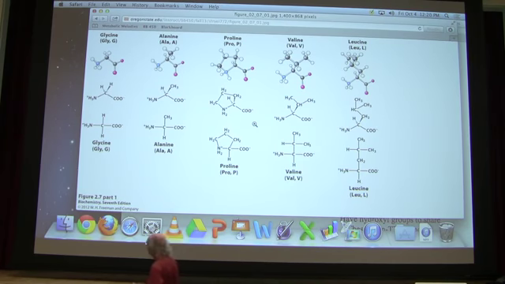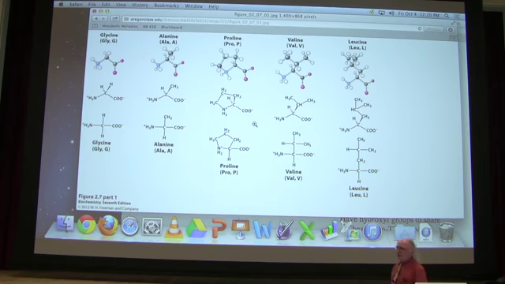You don't have to memorize the abbreviations. But for all of the amino acids, you should know what ionizable groups they have. These are very simple. They all have only an alpha carboxyl and an alpha amine. They don't have R groups that can ionize. So they only have two, an alpha amine and an alpha carboxyl.